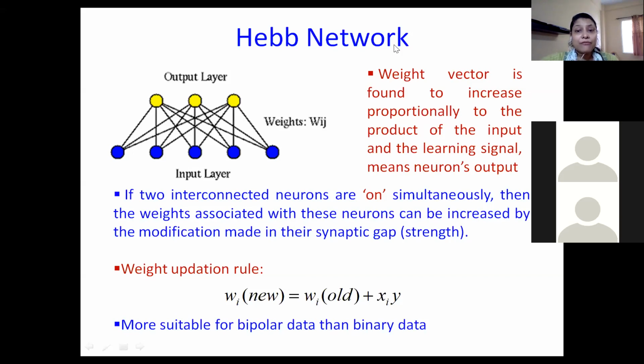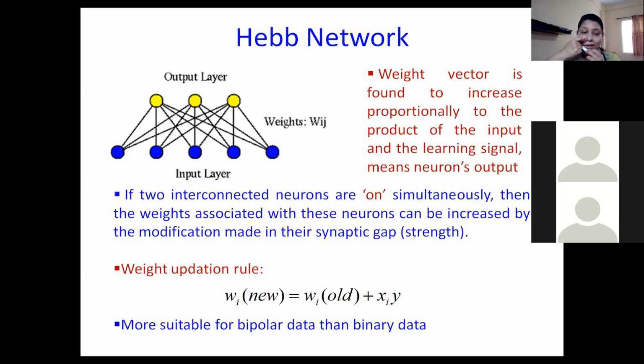Every time, it computes the product of the input and the learning signal, that means the neuron's output. So the weight vector is calculated by a product of the inputs and the output neuron, which is also a learning signal.